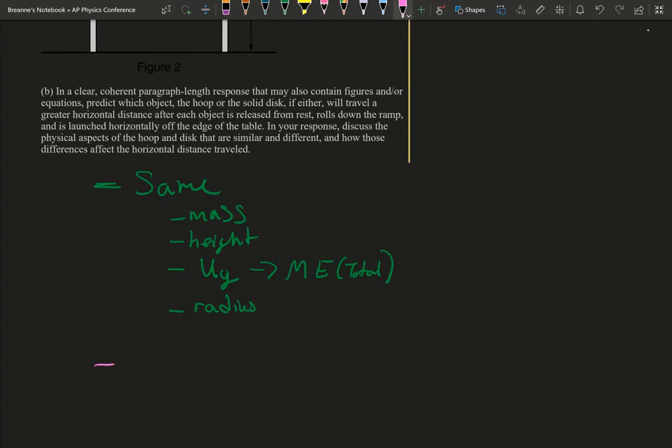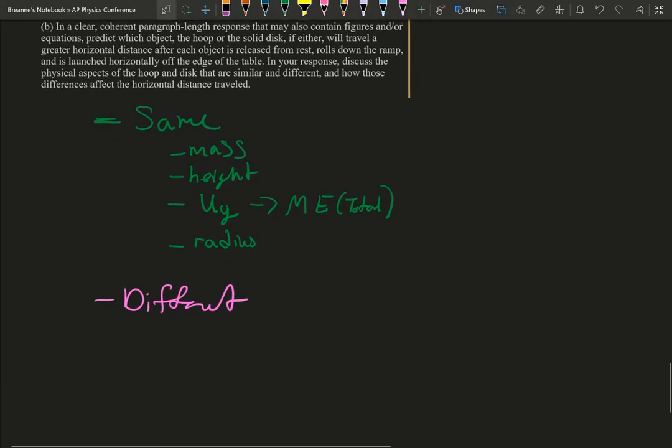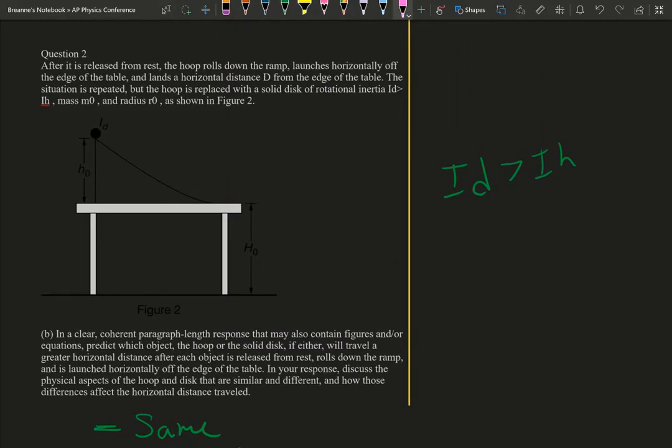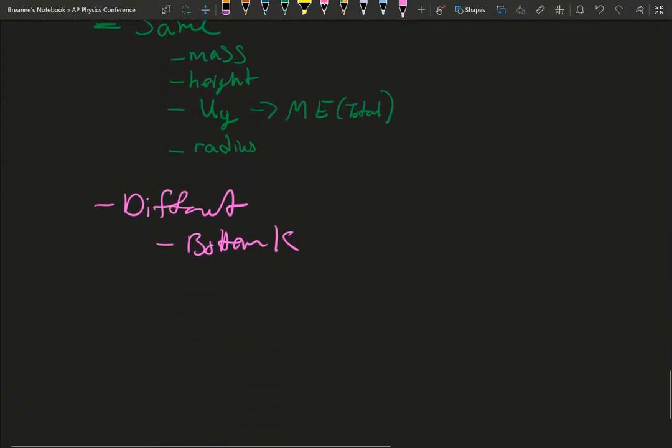So let's talk about what's different. And of course, you would do this in paragraph form, not listing like I'm doing. The big thing that's different is going to be the bottom kinetic energy, because it's rotating, right? Some of the kinetic energy is getting broken into two different types: normal kinetic energy, which is 1/2 mv squared, and rotational kinetic energy, which is 1/2 I omega squared.